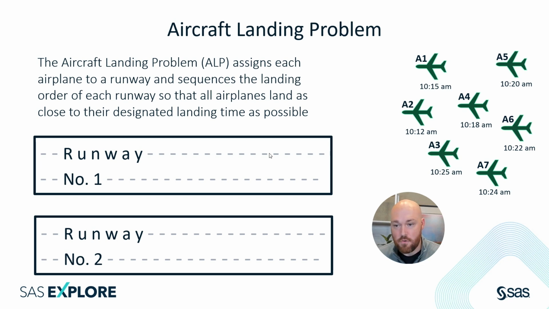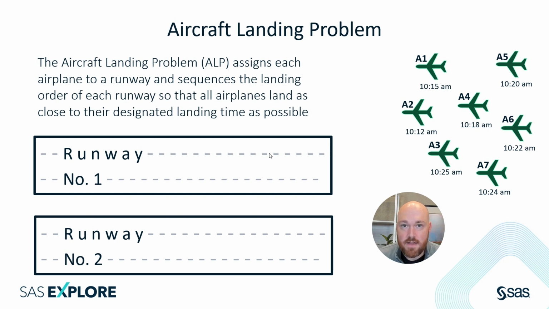For example, aircraft 1 wants to land at 10:15, aircraft 2 wants to land at 10:12, and so forth. Given this information, the aircraft landing problem assigns each airplane to a runway, and then it sequences the landing order of each runway so that all airplanes land as close to their designated landing time as possible.